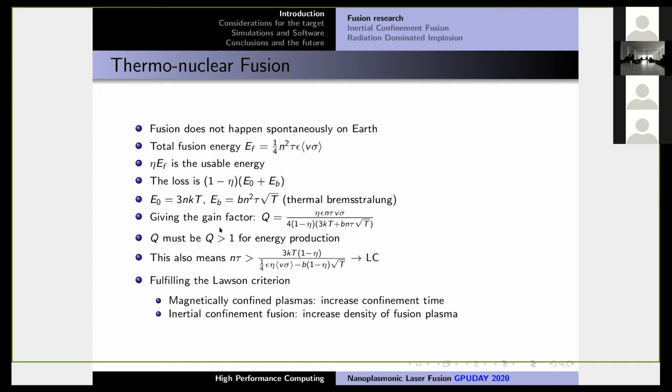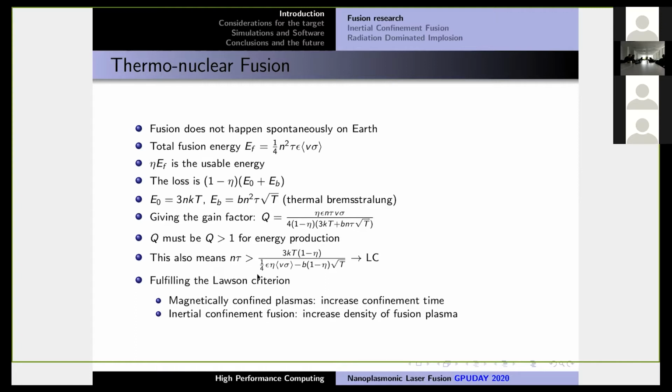And we will only achieve it if we can fulfill the Lawson criterion. Currently there are two main directions that are researched: the magnetic and inertial confinement.